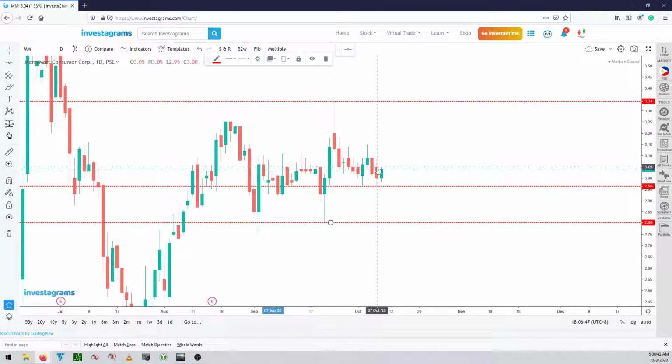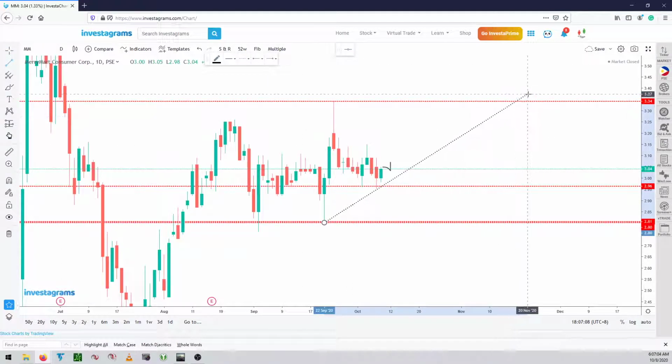It went up, and then the following day, although it's an inside bar, I hope that tomorrow it may try to go down a bit, and hoping that buyers again would try to step in, and this will happen.